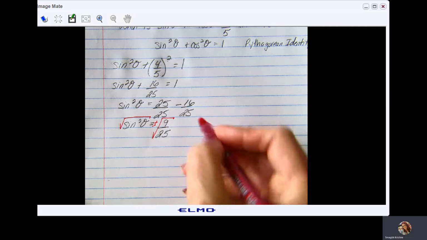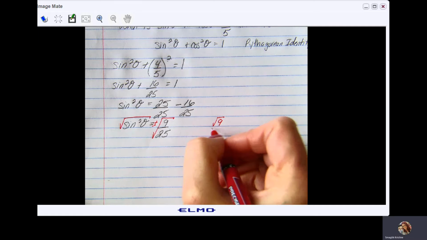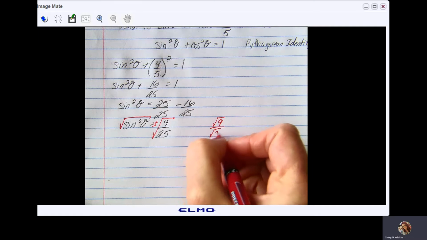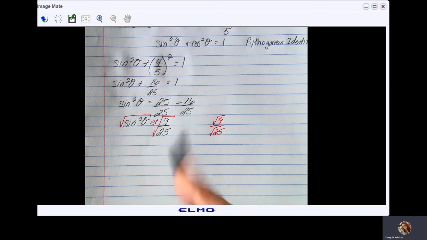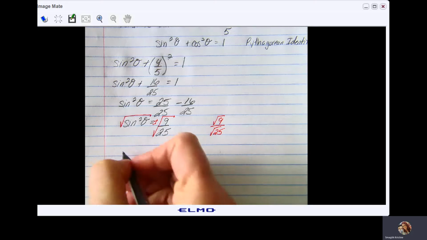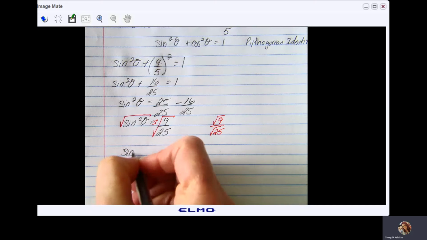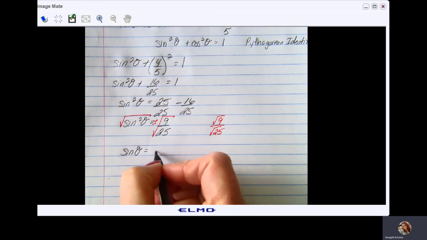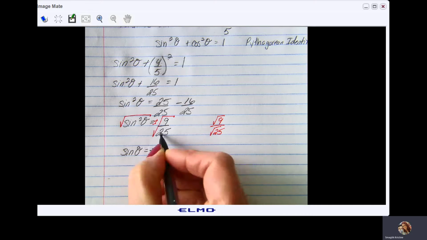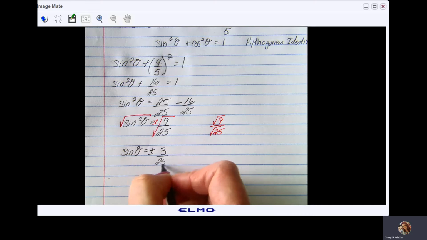I can break this up as the square root of 9 over the square root of 25. So this one works out. It's nice and clean. I'm going to get sine of theta equals, oops, I forgot my plus minus, plus or minus the square root of 9, which is 3, over the square root of 25, which is 5.